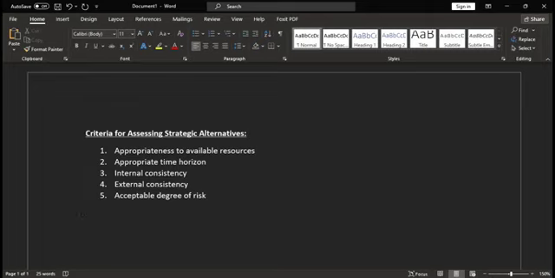The appropriateness to available resources. Here, various strategies should be related to the available resources which management is willing to commit for the purpose. Second, which is appropriate time horizon.